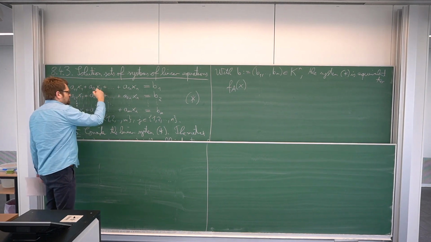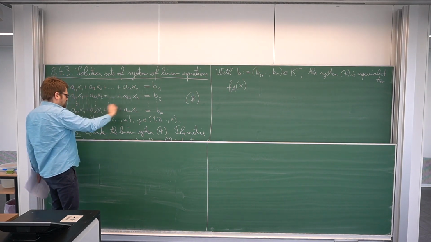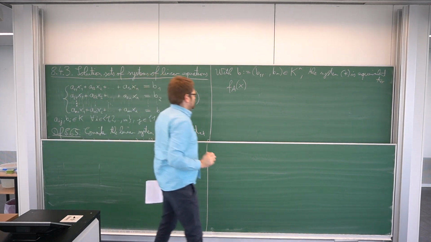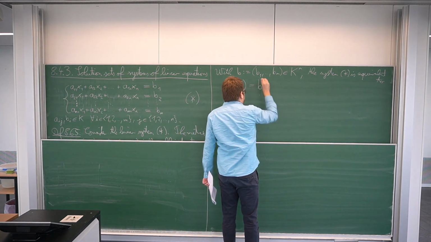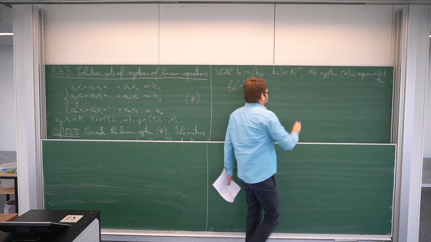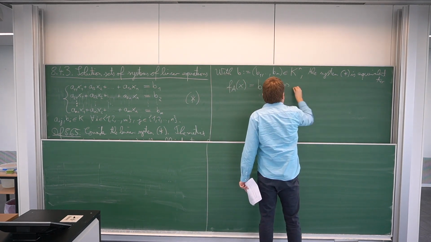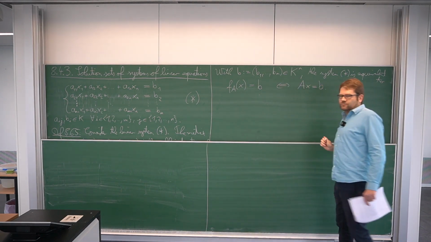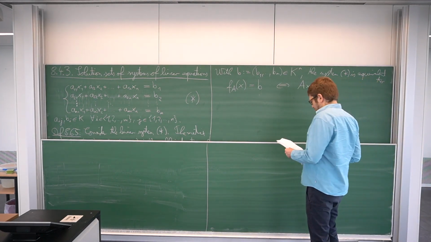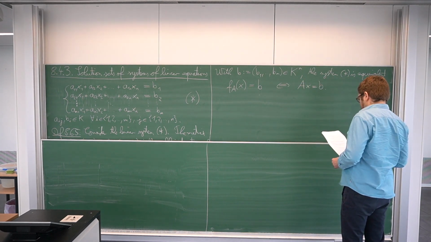In each component we have the ith sum on the left-hand sides of these equations. So this system is equivalent to fA of x is equal to b, or, with the short notation we've introduced, Ax is equal to b. This is a very concise way of writing such a linear system.